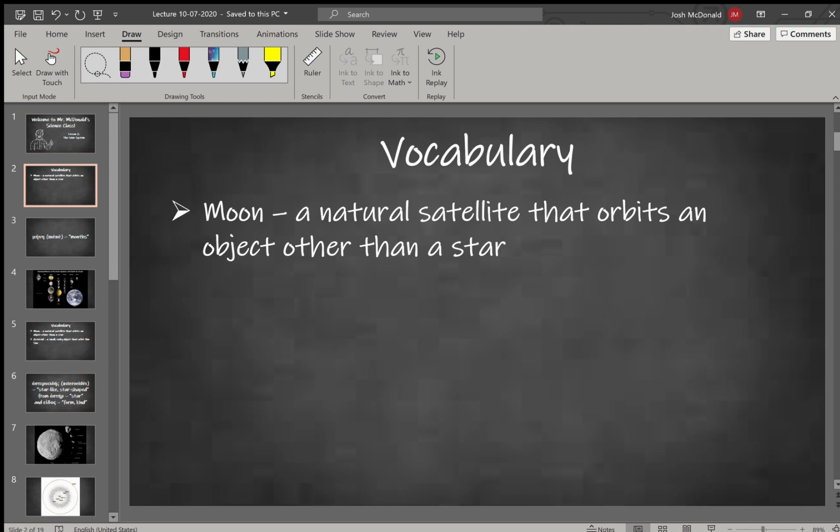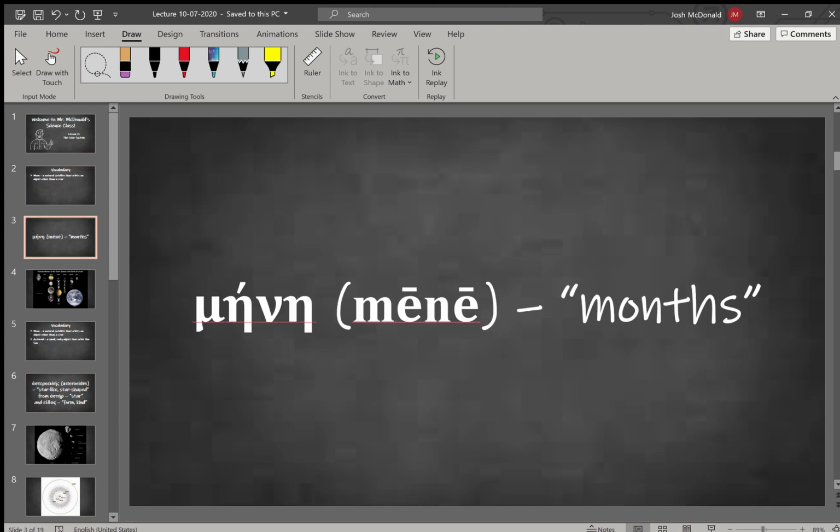The word moon actually comes from the Greek word mene, and it literally means months. So we know that one of the ways that time was kept track of was the phases of the moon, and so the moon actually comes from the Greek word for month.